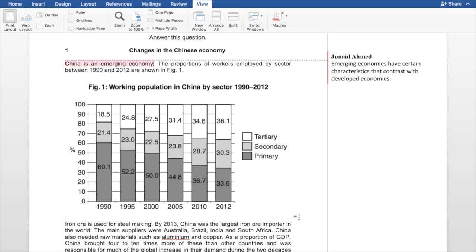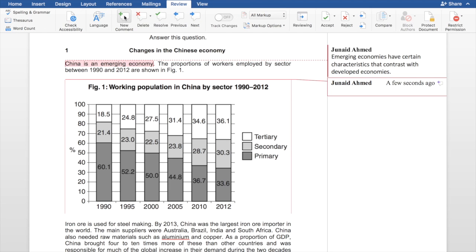So from here, we can see from 1990 to 2012 that the working population in the primary sector has decreased from 60.1% to 33.6% in 2012.